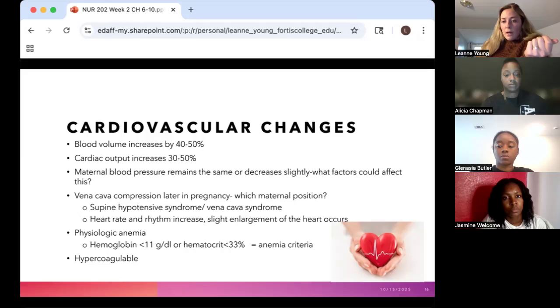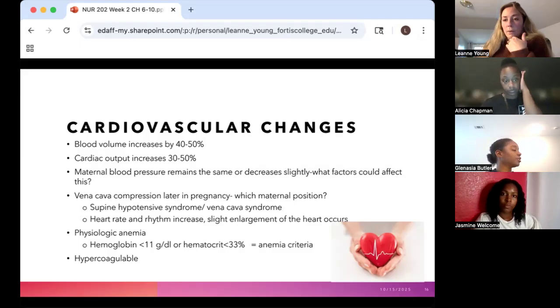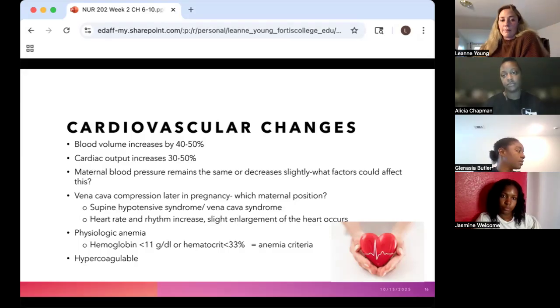So if a woman is coming off of spironolactone because they can't take that, it's a class C, I think, medication, they can have some rebound hypertension because of the withdrawal from that spironolactone and the way that their body is adjusting and the shift in those hormones. So that is something to take note of. If a woman's never had issues with their blood pressure before, but they're coming off a specific medication, that can alter their blood pressure, that can alter the readings that you're having.